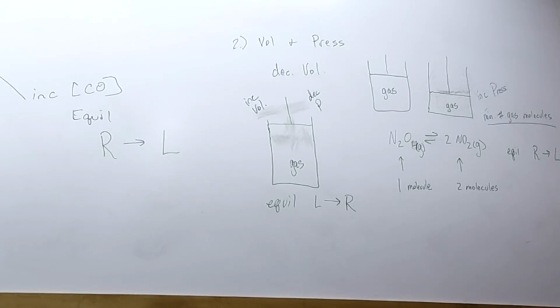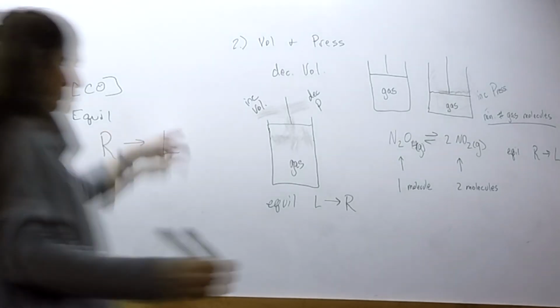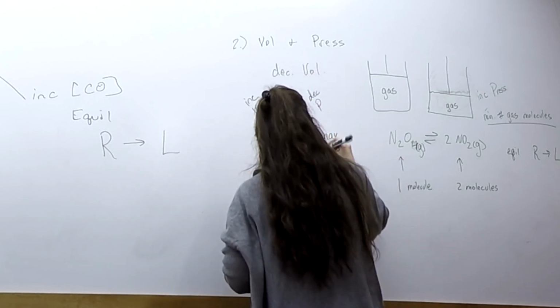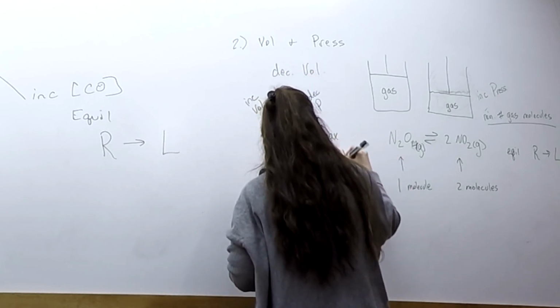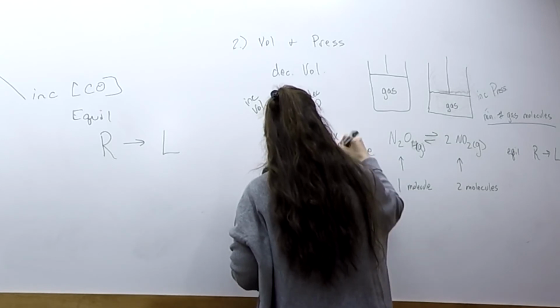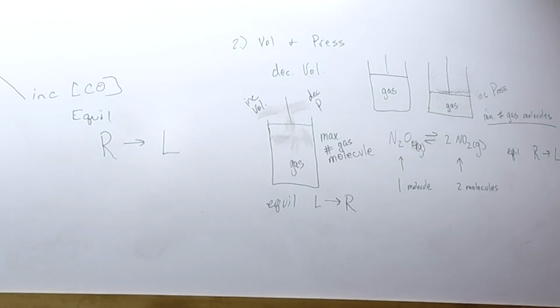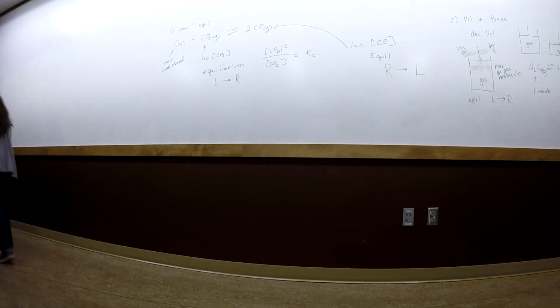Yeah, so when you're working with the higher pressures, you minimize, and when you work with the decreased pressure, there you go. You want to maximize your number of gas molecules in there. So that's why it favors our product side now, moving towards the right, or our product side.